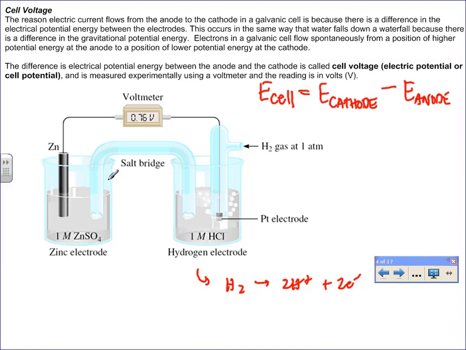So for example, if I want to know what the relative potential of zinc is, I place it up against the SHE electrode and I measure the cell voltage, which is measuring the difference in potential between these 2 points. Because I've assigned this to be 0, I am then able to determine what the relative potential of the zinc is compared to the SHE electrode.